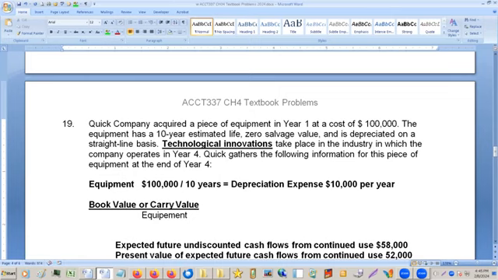Equipment, $100,000 minus the accumulated depreciation.